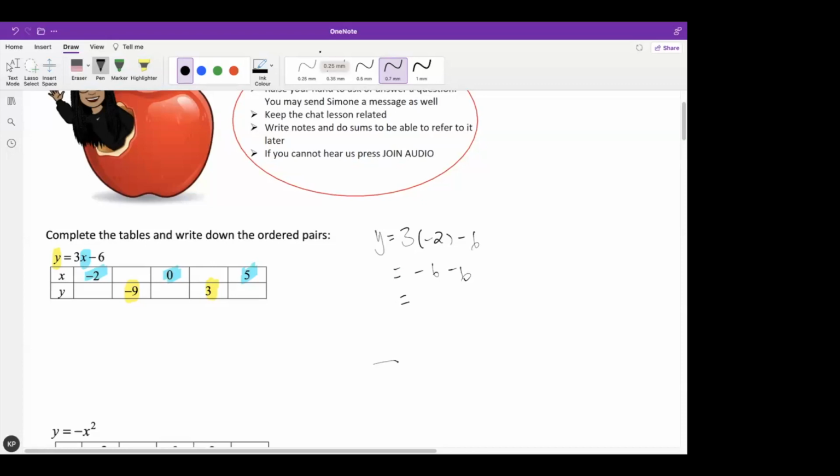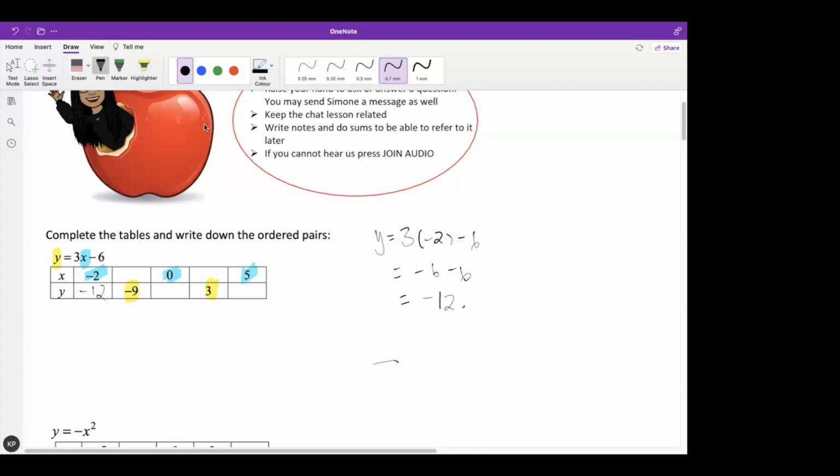There we go. -12. Everybody else is very quiet. What's going on, guys? Are we remembering or refreshing our memories? The answer is -12. Thank you very much. Wonderful. So with your input of -2, your answer will be -12.